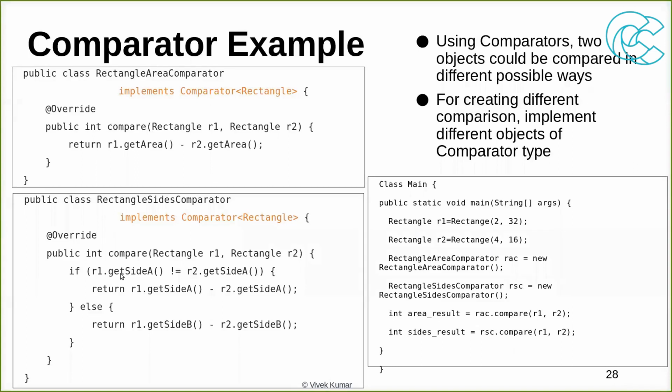So here you are comparing the side A and side B of R1 and R2, right? If you plan on doing these different comparisons, then Comparator is better than Comparable.